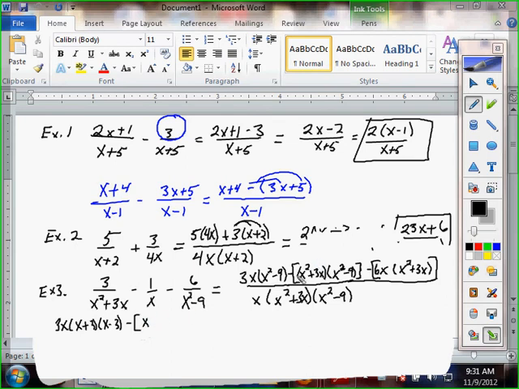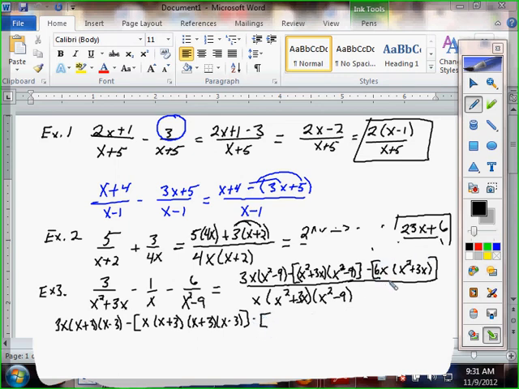When I factor this piece out, an x comes out, and I'm left with an x plus 3. And then this x squared minus 9 becomes x plus 3, x minus 3, close my bracket.